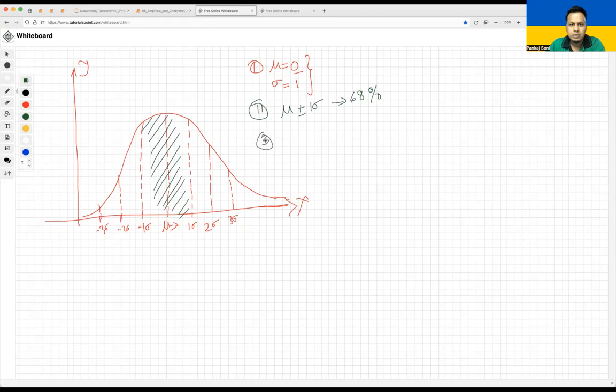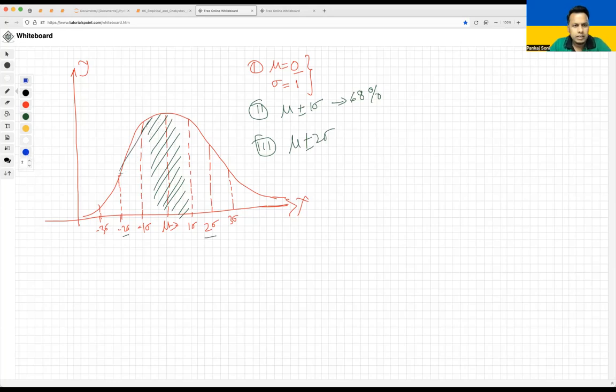The third rule: mu plus minus 2 sigma, meaning from here to here, it is going to cover how much data. Let me use another color here.